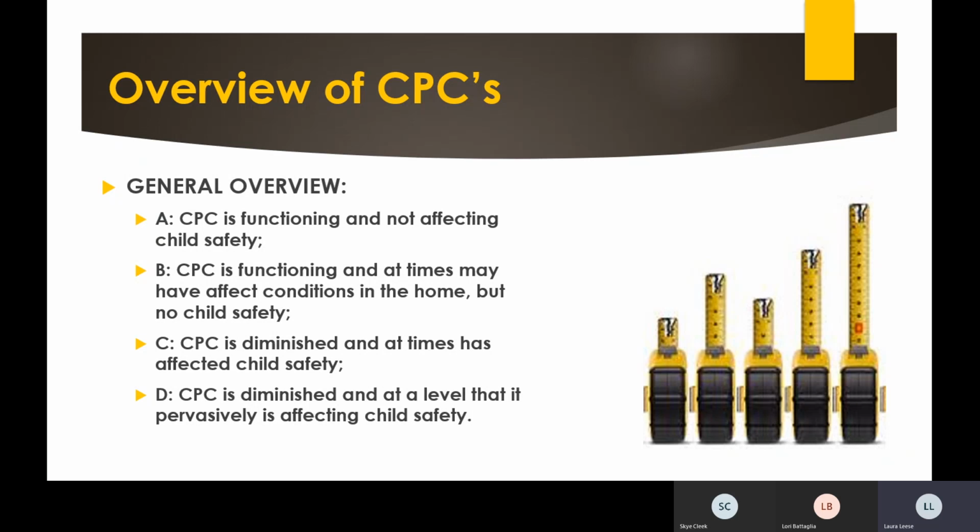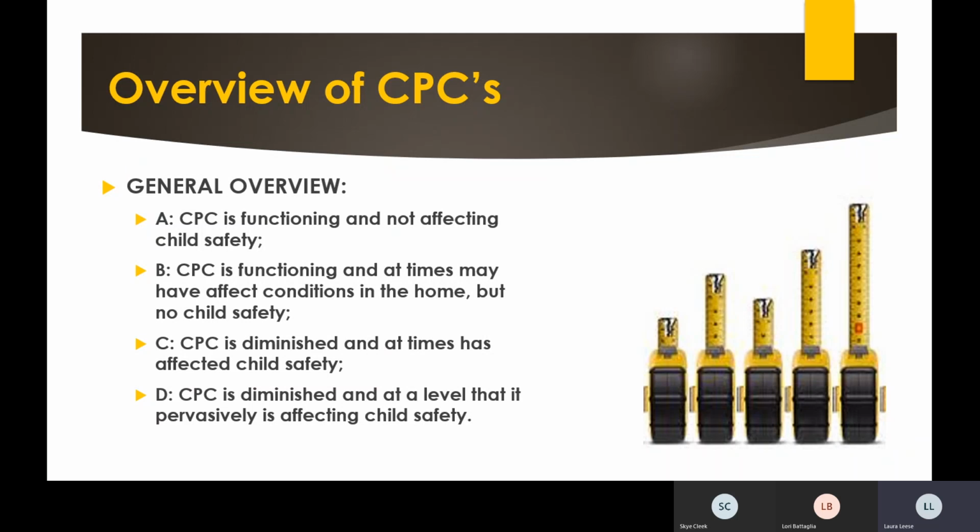So basically, as you are looking at the assessment and scanning the CPCs, which are in a kind of Excel-type looking box, if you see anything that is listed as an A or B, overall that parent in that particular area is functioning and the child is safe. At times there may have been an issue, but it is not impacting the child's safety. So basically A's, B's, good.